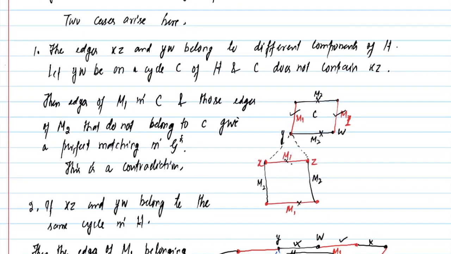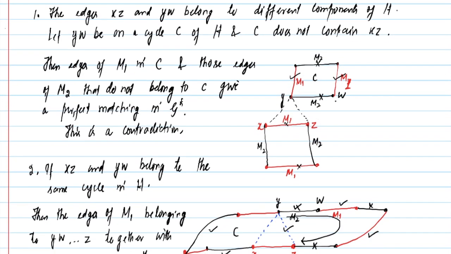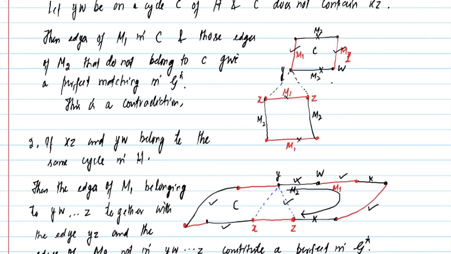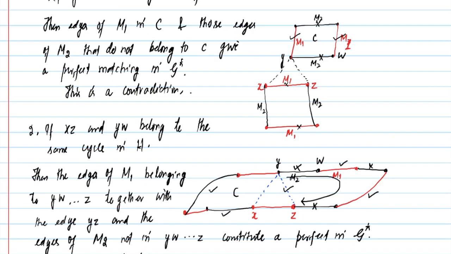Then if the edges XZ and YW are in different components, then we construct a matching in G star by taking the edges of M1 from the cycle C, which contains YW, and those edges of M2 which are not in the cycle C. Then this gives rise to a perfect matching in G star, which is a contradiction.